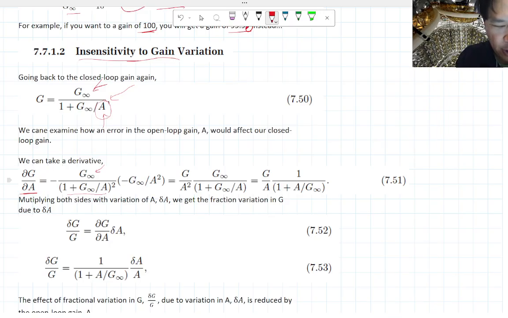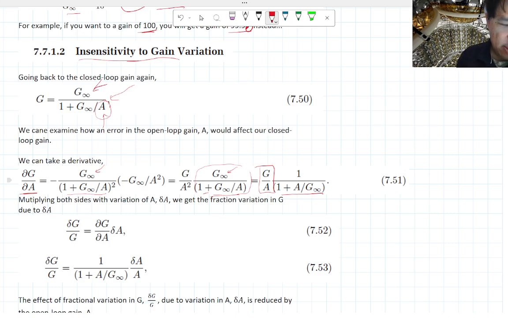You factor out g over A squared, and you end up with g infinity over 1 plus g infinity over A, which is exactly what we had before, exactly what the gain is. Am I doing that right? Yes. From that point, you multiply the A through once, and you end up with g over A multiplied by 1 over 1 plus g infinity over A, where g infinity is the idealized gain.